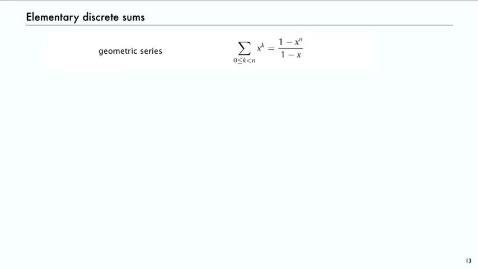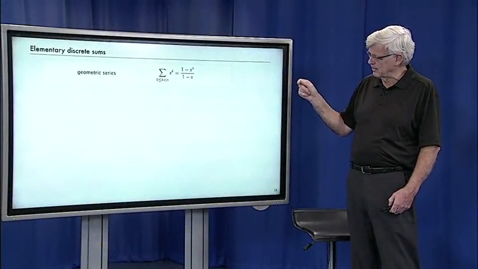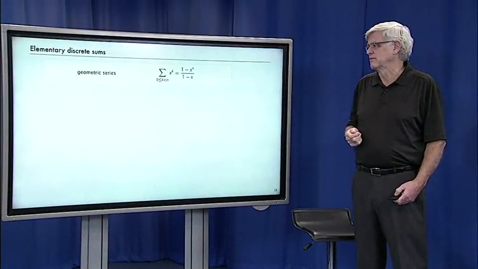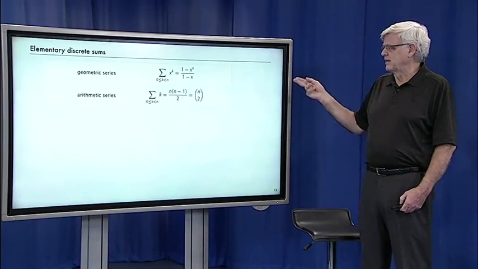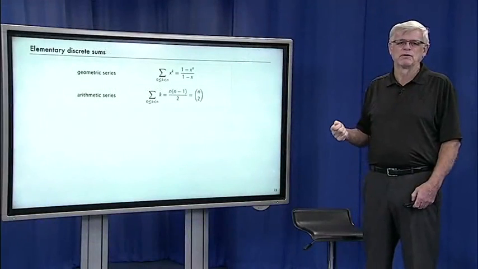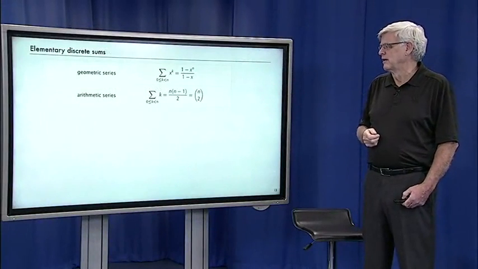So that's the standard sum of a geometric series: the sum for k from 0 to less than n of x to the k is (1 minus x to the n) over (1 minus x). And similarly, the arithmetic series, that's the one that we just did. That's another way to write that value. Now we use less than instead of less than or equal, so it's n times (n minus 1) over 2, and that's the binomial coefficient n choose 2.